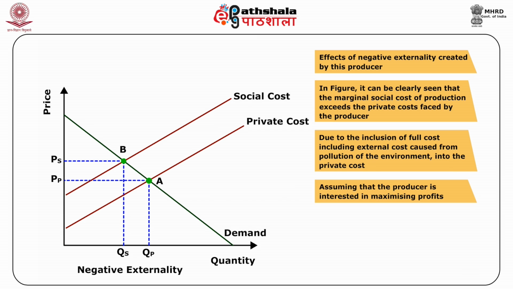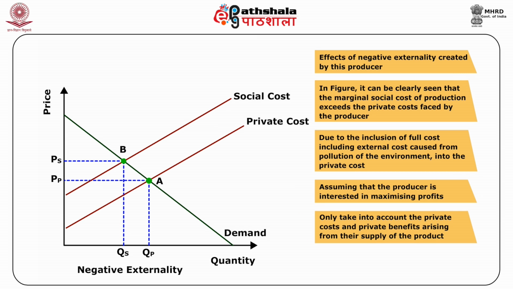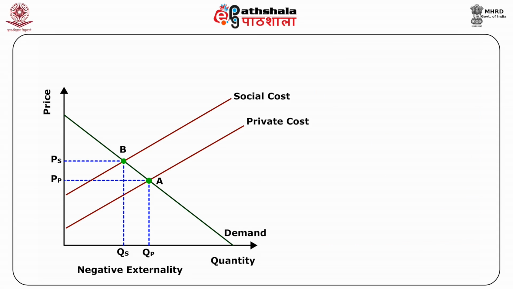Assuming that the producer is interested in maximizing profits, he will only take into account the private cost and the private benefits arising from their supply of the product. In the figure, this corresponds to point A, where profit maximizing level of output is at QP and price charged is PP.